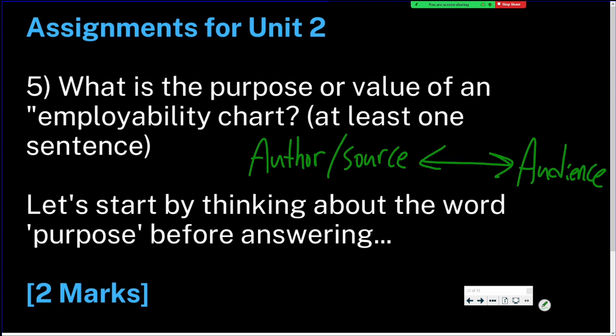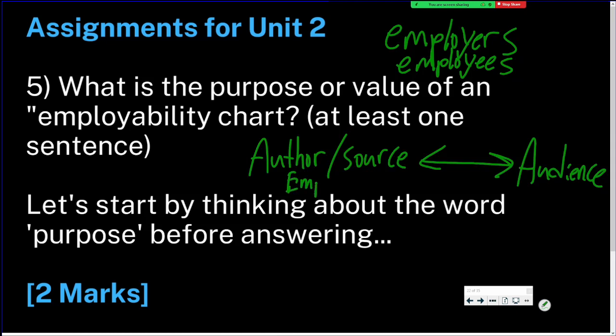We're talking about employers and employees, right? The employer is most likely going to be the source or the author of this kind of document, and the employee is going to be the audience, right?